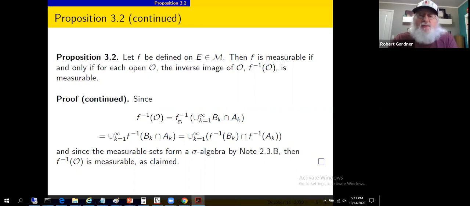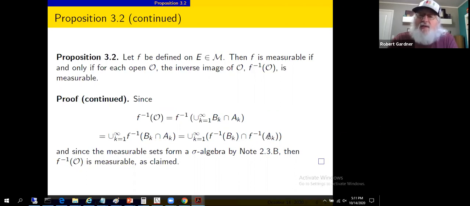We've got an inverse image of a union of these intersections. The inverse image of a union is a union of the inverse images, and the inverse image of an intersection is the intersection of the inverse images, properties of functions and inverses. So we've ultimately got the inverse image of O written as a countable union of intersections of measurable sets.